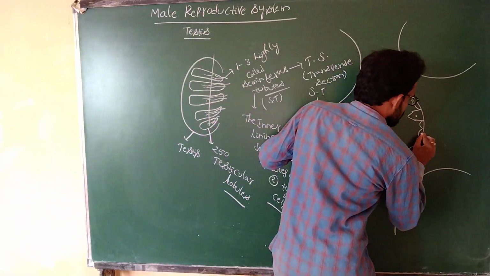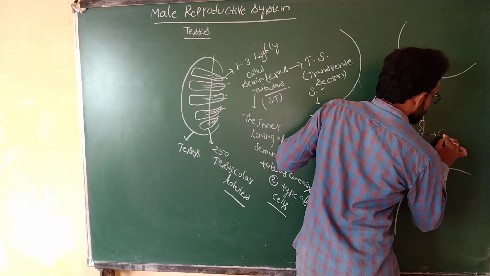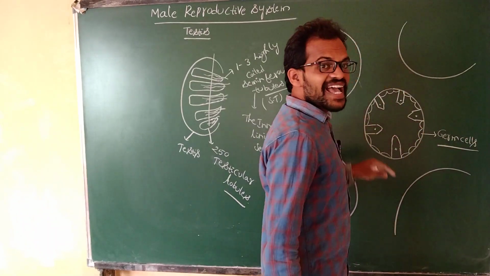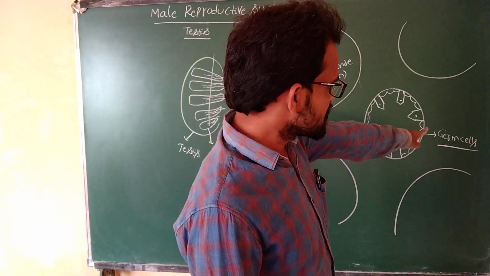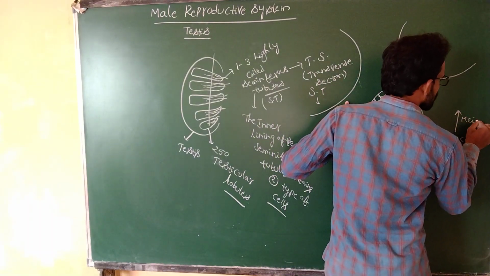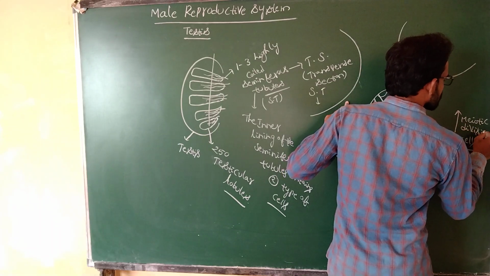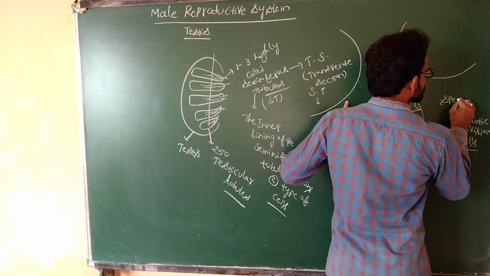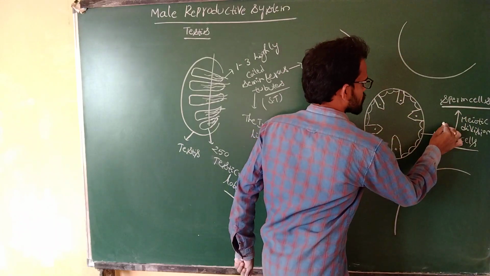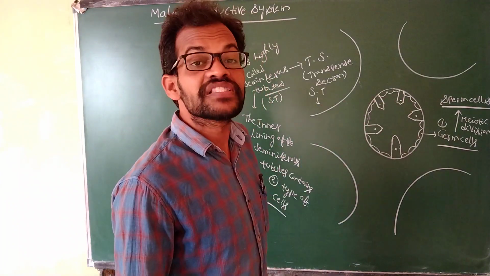The first cells indicate germ cells, which are germinal epithelium cells. These cells undergo continuous meiotic divisions and produce sperm cells. The inner lining has germ cells that produce sperm cells.